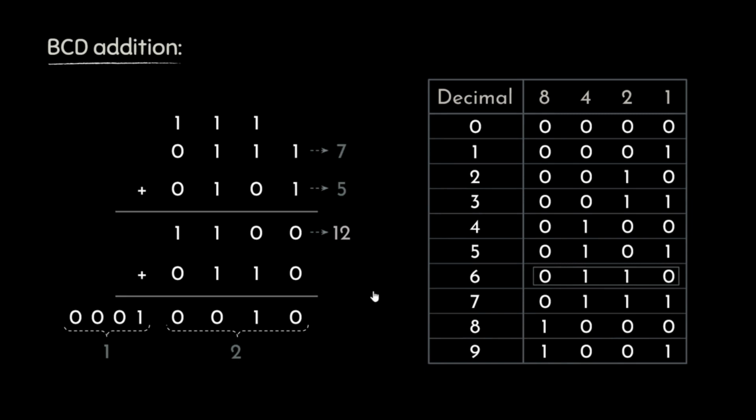Now the question is, why are we adding this specific pattern 6? Think about it. BCD's place values are 8, 4, 2 and 1. Now we know with 4 bits we actually can obtain 0 to 15, that is 16 different patterns, right? Now in case of BCD, we only are specifying that the patterns are valid till 9, that is 1001.